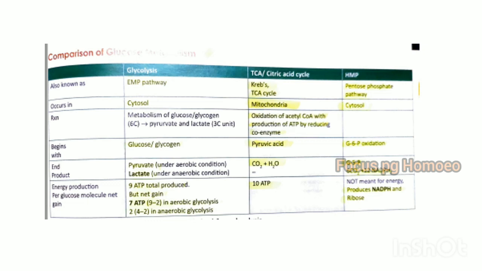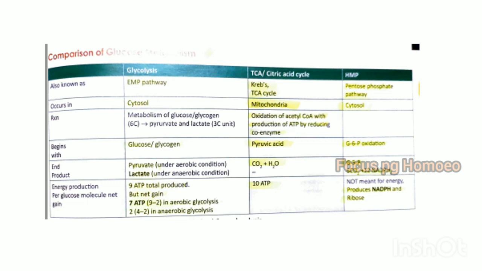Then this table is showing the comparison between glycolysis, the citric acid cycle and the HMP shunt. Remember the number of ATPs produced in the cycle in total. In glycolysis, the end products are pyruvate and lactate. In the citric acid cycle, carbon dioxide and water are the end products.